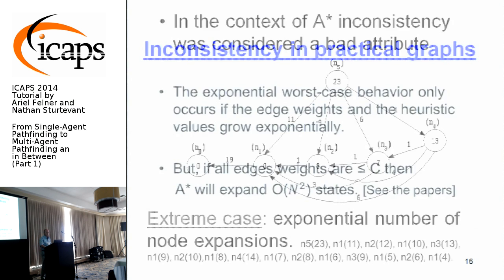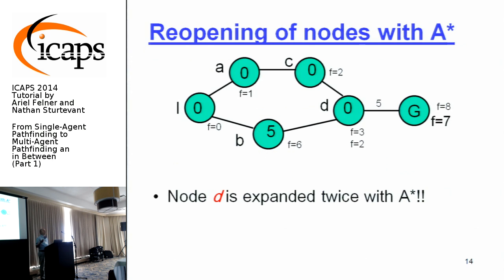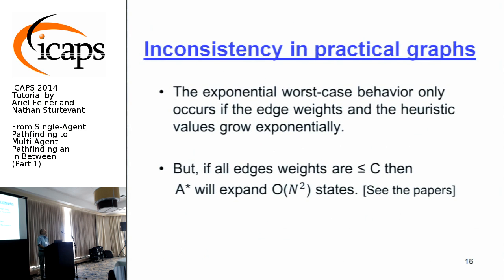If I go back to this example, node D would have been expanded twice with IDA star unless some very fancy move pruning or duplicate detection is done implicitly, not with an open list. Then D would be expanded twice anyway. So inconsistent heuristics do not cause a blow up in IDA star because this blow up is an integral part of IDA star. So IDA star doesn't have to worry about inconsistent heuristics.